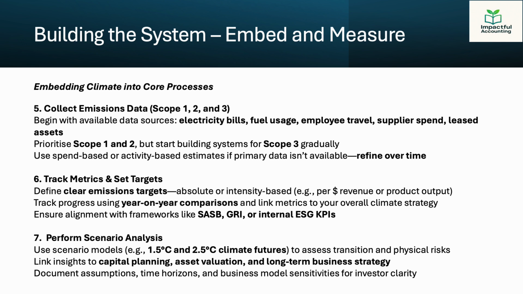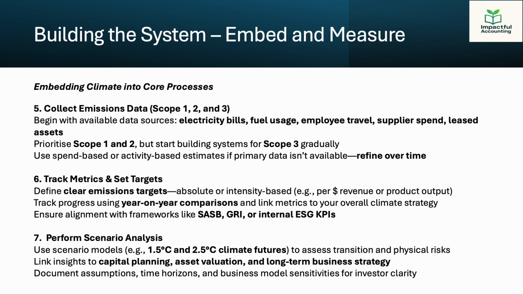Begin with what you already have in hand, like fuel and electricity bills, company travel data, supplier spend reports. That gives you basically scope one and scope two. Then start building visibility into scope three, focusing on your largest and most material suppliers and logistics partners. Over time, your estimates will improve, but don't let perfection delay progress.